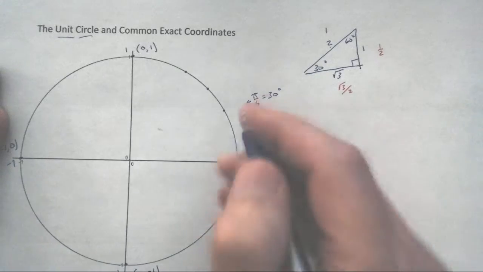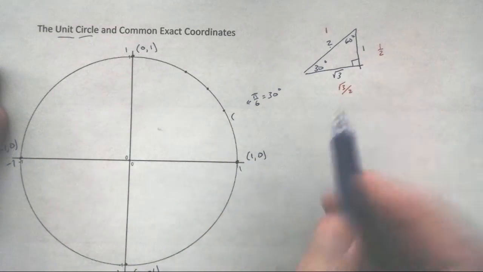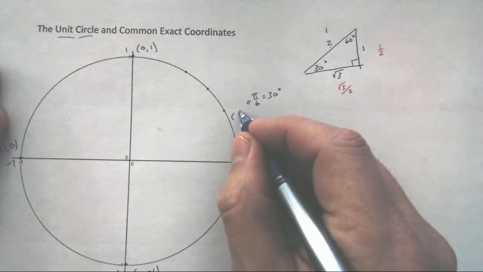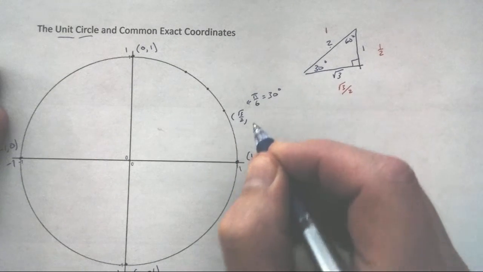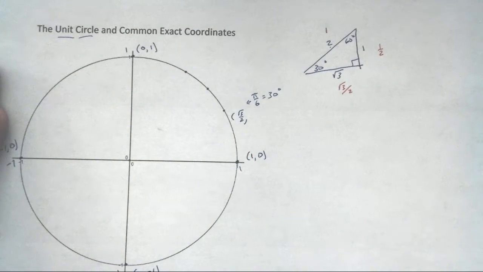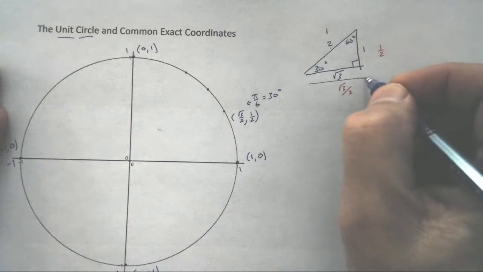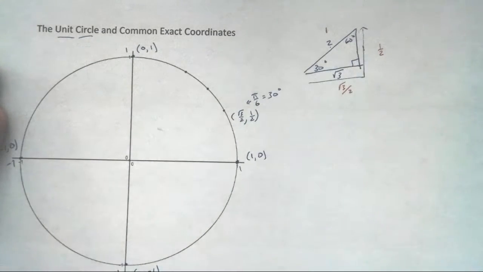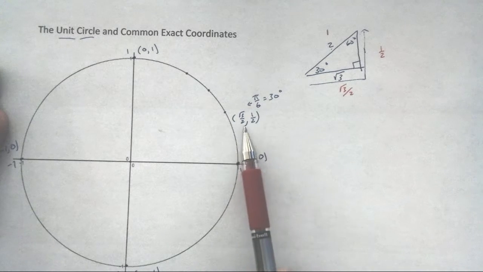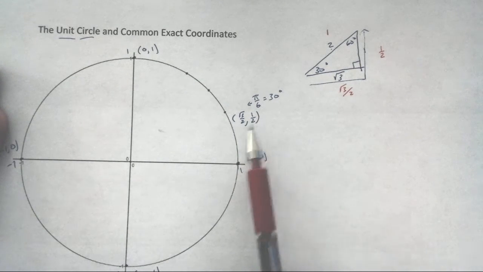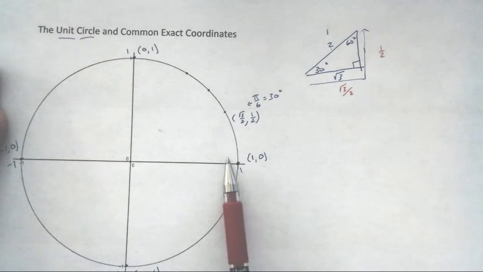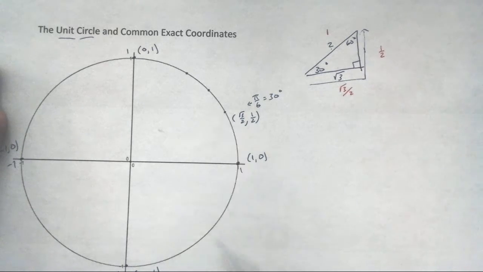Meaning the coordinates of this point right here are to the right √3 on 2 and up 1/2. It's worth noting that square root of 3 on 2 is certainly bigger than 1 on 2, and we're over farther than we are up.